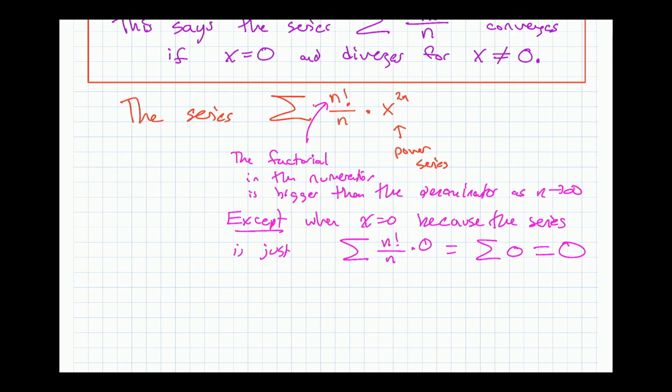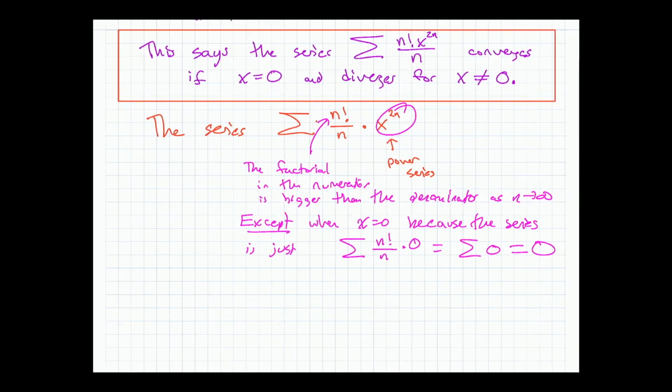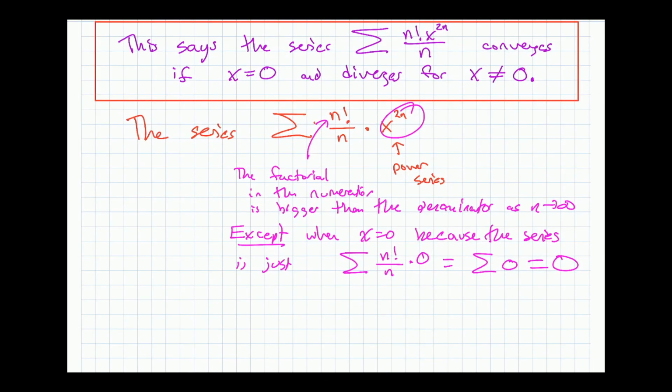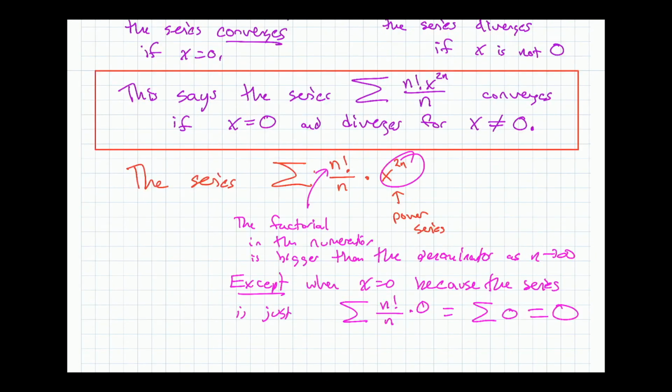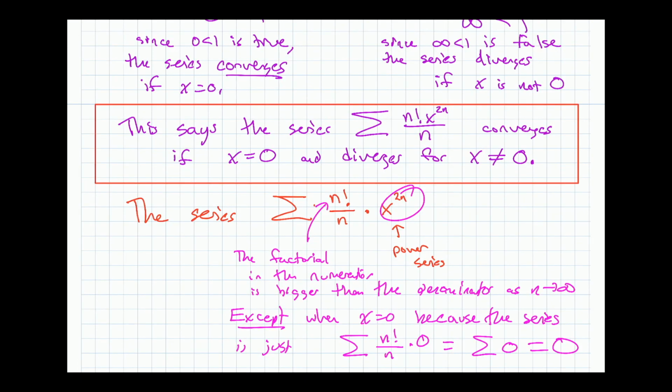All right, so every power series at least converges at one number, because you've always got a term like this x to the 2n where if it was 0, the whole thing is 0.